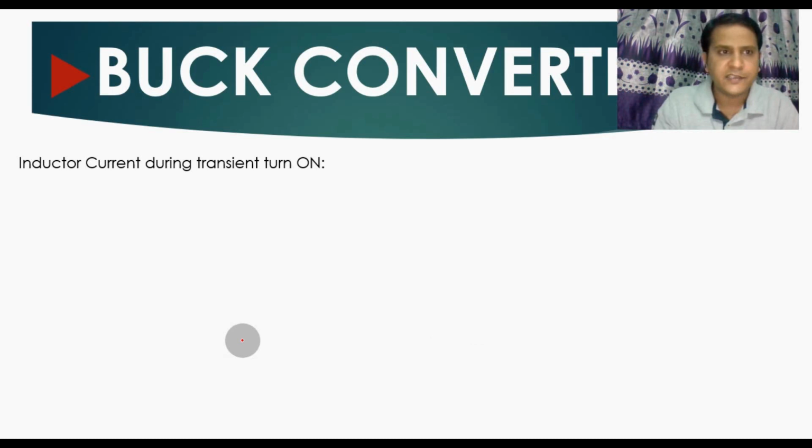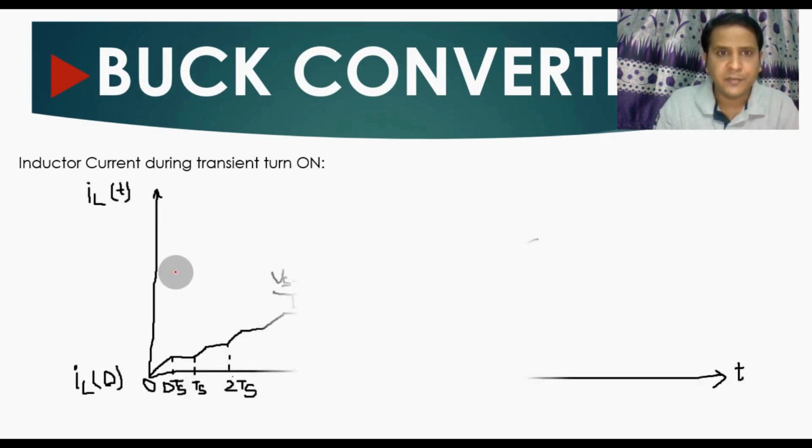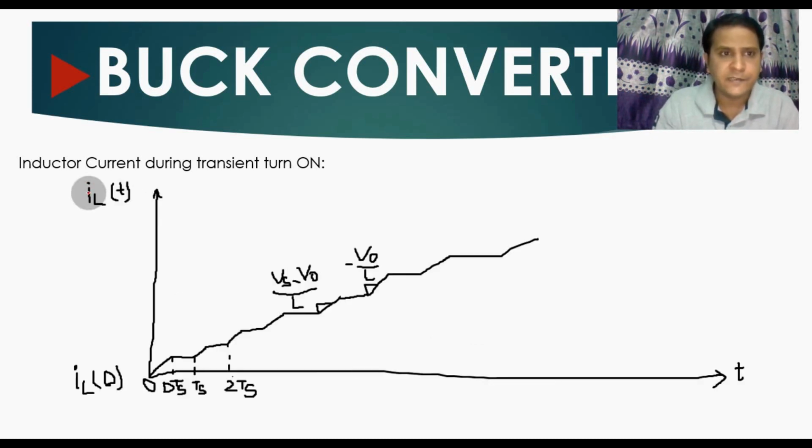Now let us understand inductor current during transient turn on time. This is the inductor current IL with reference to time t. You can see here at 0, the inductor current IL is 0. Then it increases gradually, then decreases, then again increases, then again decreases.